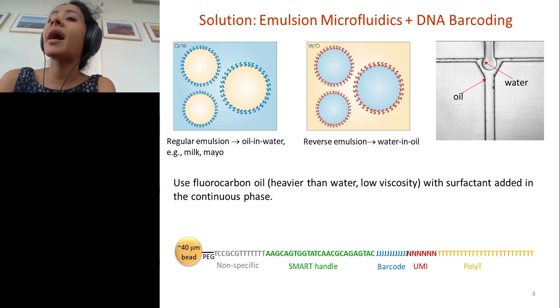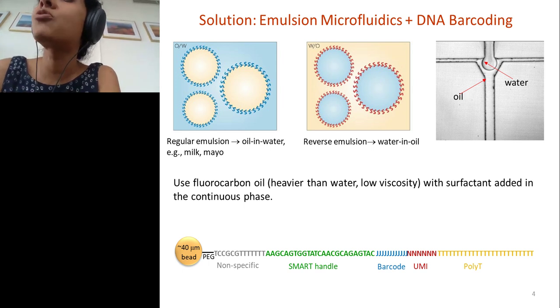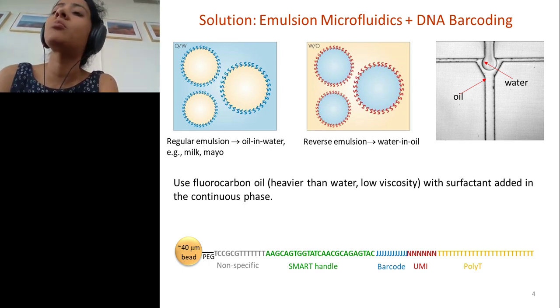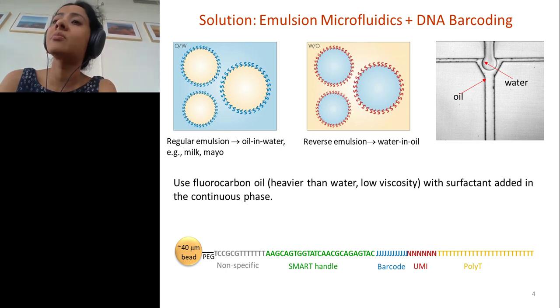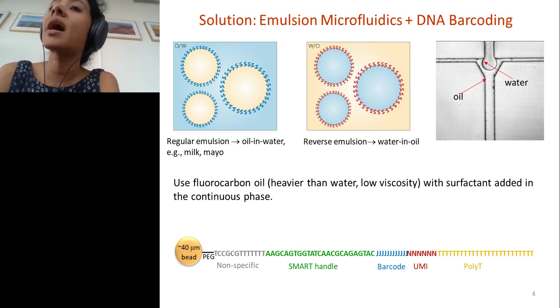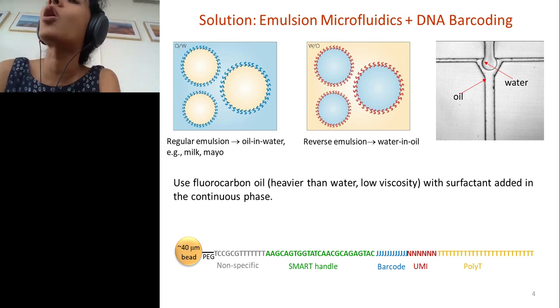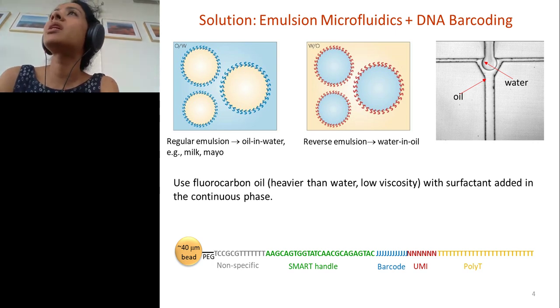And we add a surfactant to this water and oil emulsion system so that the droplets are stable for long periods of time. So what we have here is a microfluidic device-generated water and oil system. The picture to the very right here shows water droplets getting generated in an oil background.